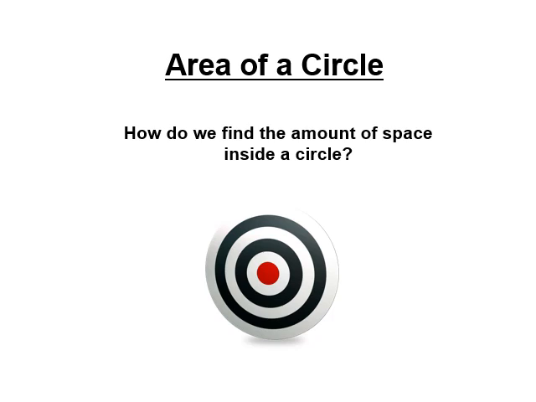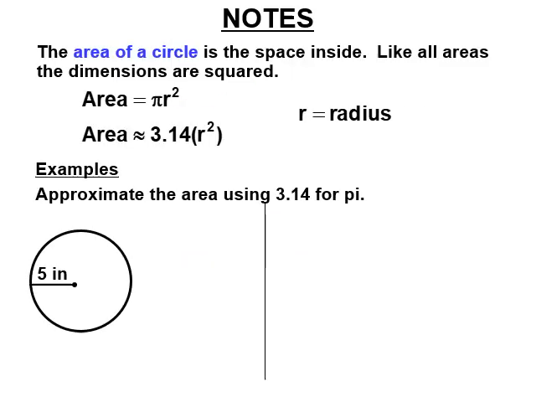So we want to know how many square units are inside a circle. That's called the area. So the area of the circle equals pi times radius squared. Now, we should all know by now that pi is an irrational number that goes on forever. So you can't actually multiply by pi.